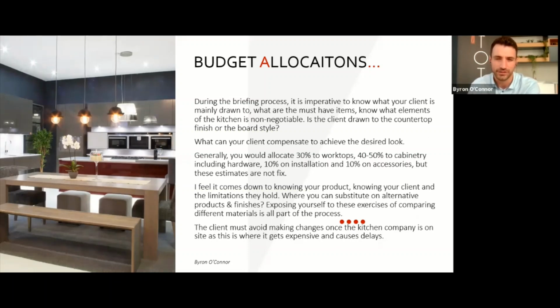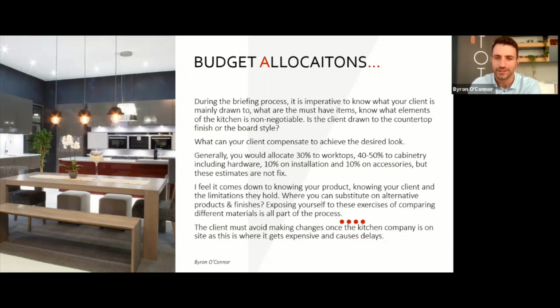So allocate 30% to worktops, 40 to 50% on cabinetry, including hardware, generally 10% on installation and 10% on accessories, and that would give you ballpark estimates on percentages allocated to the budget.